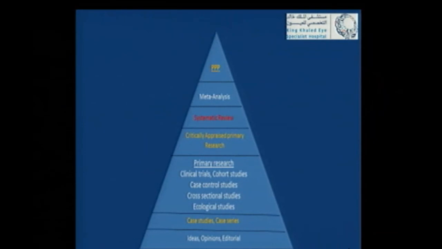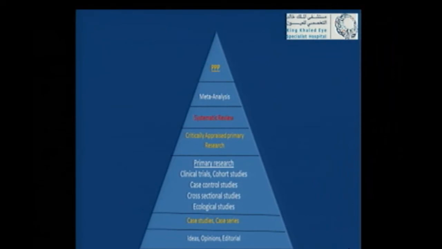This is the pyramid everybody should try to climb. As we become experienced researchers, we have to go up the ladder. Case reports and opinions of our seniors or editorials are the poorest type of evidence. They are at the base of the pyramid. As we go up, clinical trials, cohort studies, case control studies, and surveys are the next step.